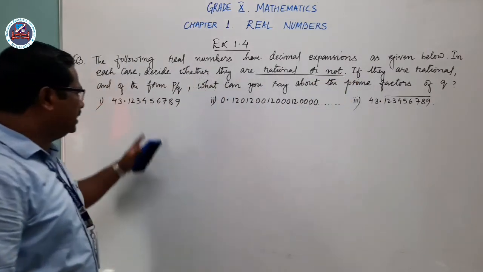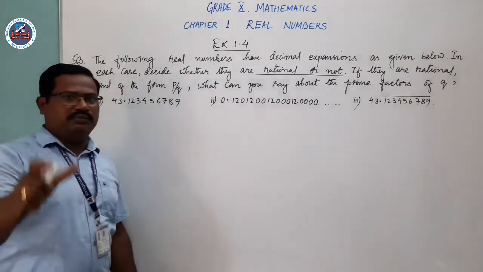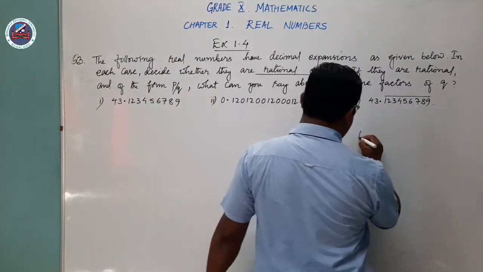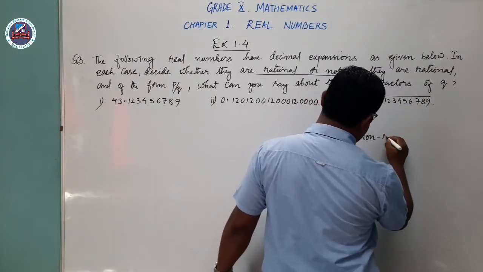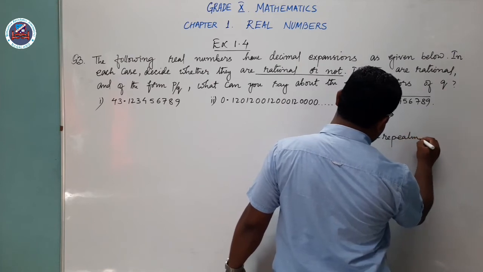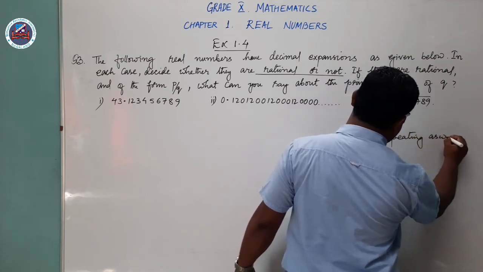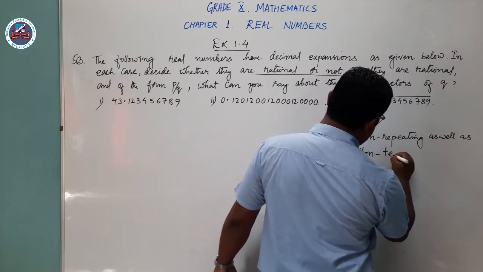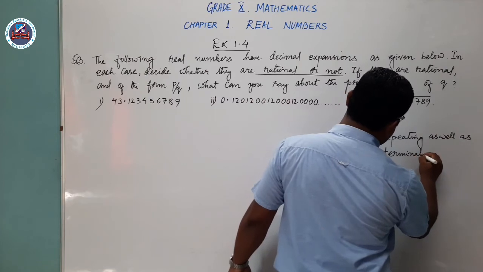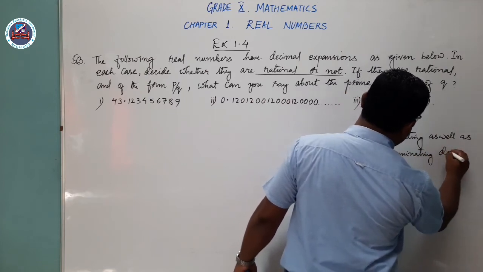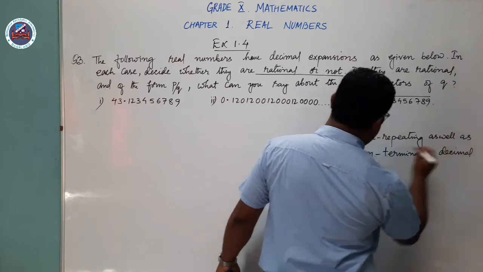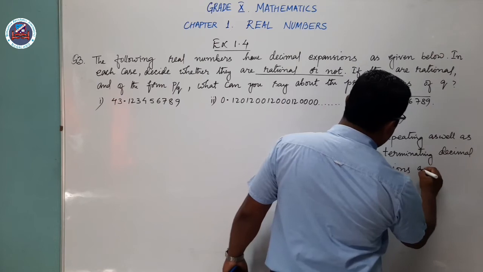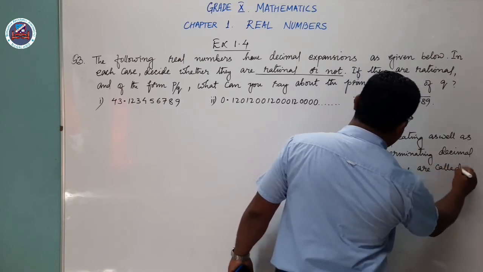Whenever a decimal expansion is given, you have to know the definition of a rational number very nicely. I'll write it down here: non-repeating as well as non-terminating decimal expansions are called irrational numbers.